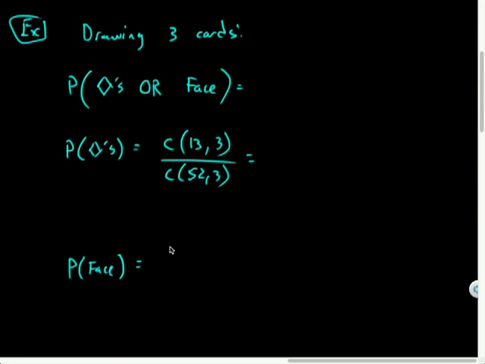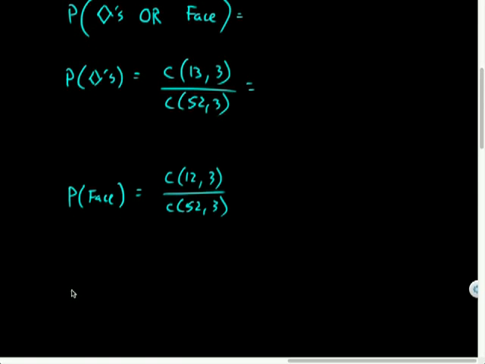How many face cards are there? 3 per suit. 4 suits, so that's 12. And how many are both? I'll just write both. How many diamond face cards are there? 3. This diamond is 1 suit, and there are 3 face cards per suit.